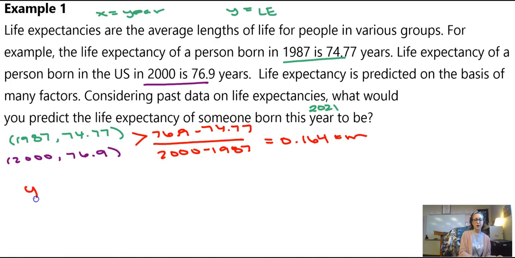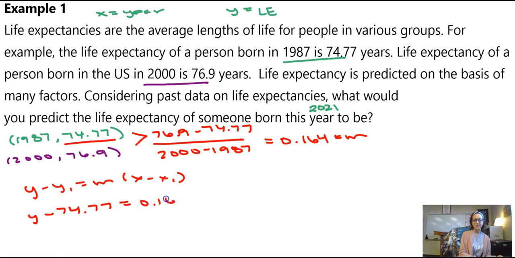So I've got y minus y1 equals m times x minus x1 for my formula, right? So I'm going to go y minus, now grab the y1 value, 74.77, equals, for m we got 0.164 times the quantity x minus, and then here's my x1, 1987.